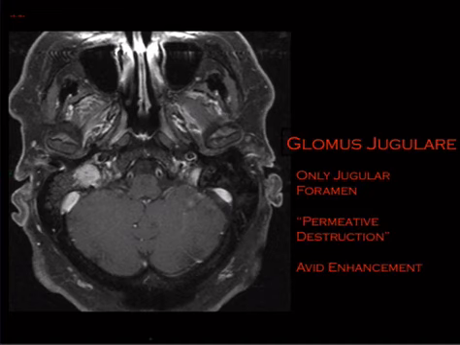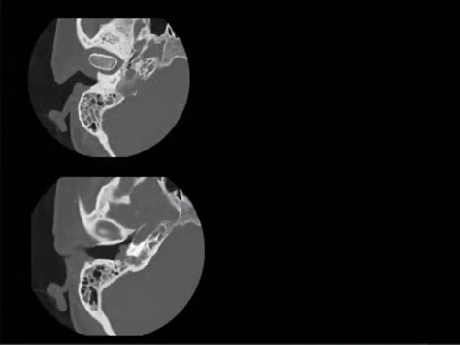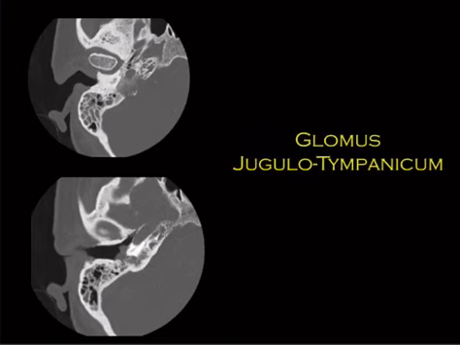It's in the jugular foramen, tends to have a permeative destruction. Think of a pulsating vascular type of tumor, permeative destruction, avidly enhances, of course. And then here's the case that I showed originally, where you've got involvement in both the middle ear and at the jugular foramen, and this is our jugulotympanicum.